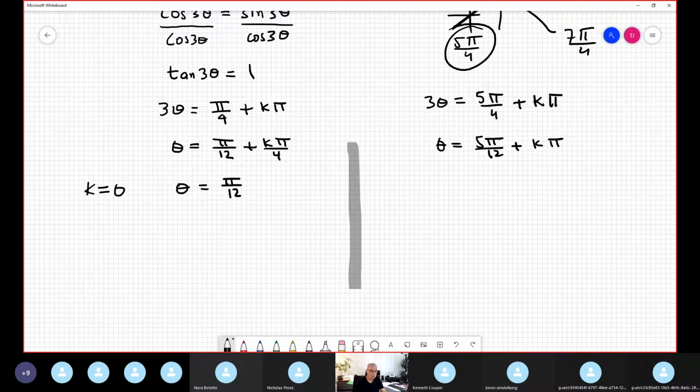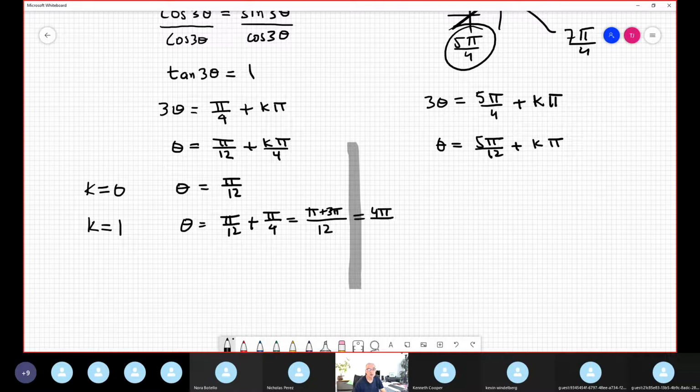And k equals 1, theta is pi over 12 plus pi over 4, no? Because k is 1. So LCD is 12, pi plus 3 pi, is 4 pi over 12, which is pi over 3.